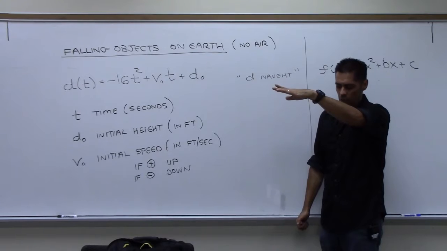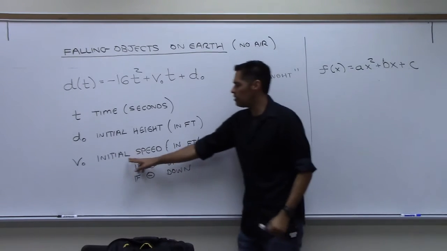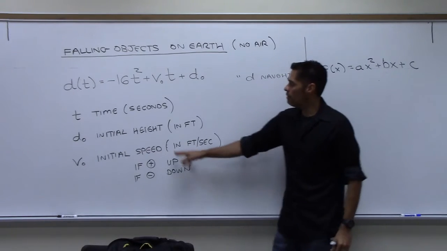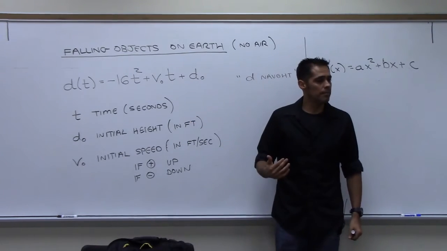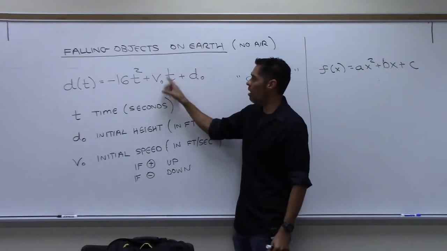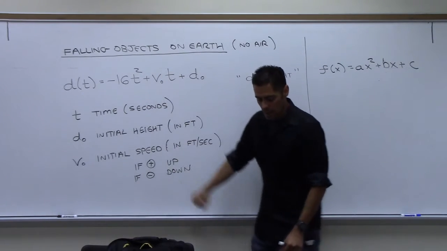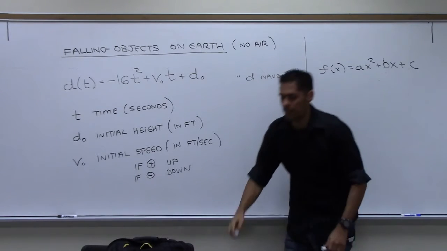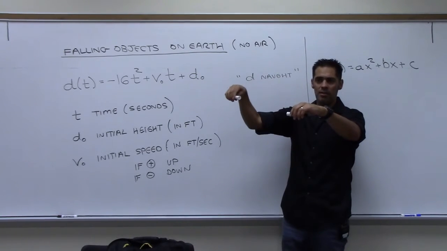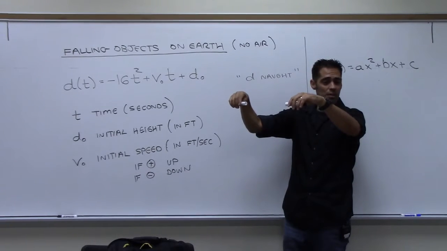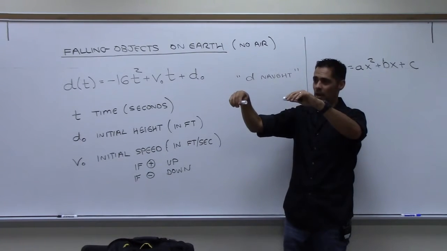And if I just let it go, did it have an initial speed? No, it didn't. I just let it go. So v naught would have been what? 0, and that would have killed off this term completely. Understand? This one I'm going to just let go. This one I'm going to throw down. Which is going to get there first? The one I throw down, right?